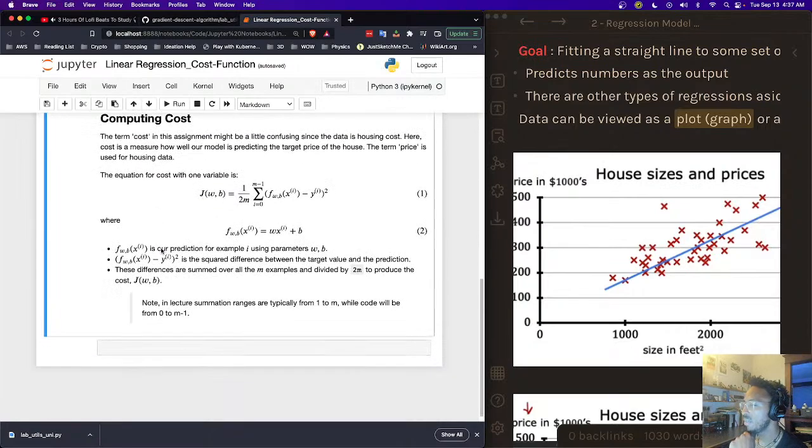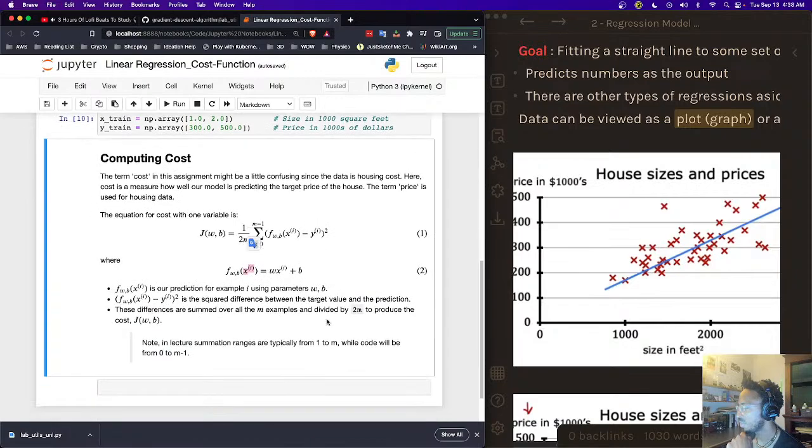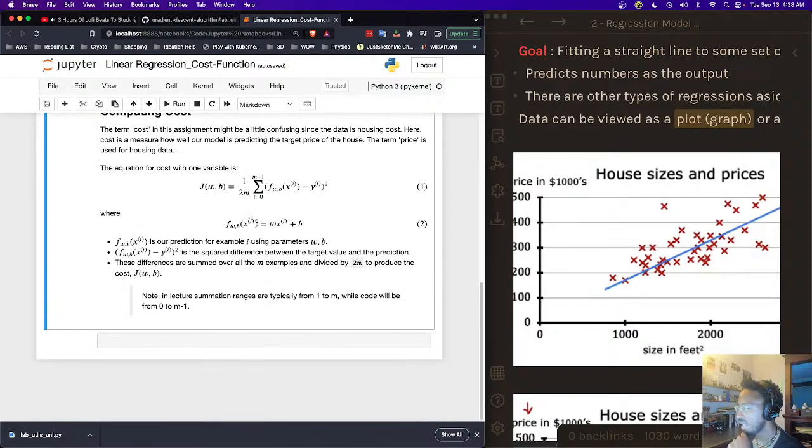Okay, so the equation for cost with one variable is this formula here. I explained this formula in part 1 of this series. And then it says here where we take an index from the X column, which is the square footage, and we assign it some coefficient of weight and bias, and we don't know what the weight and the bias are yet.